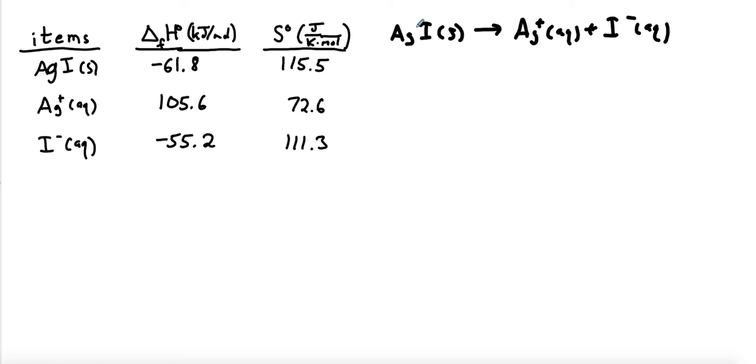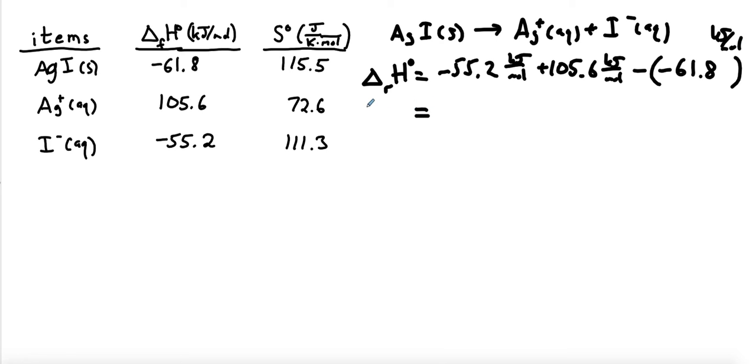Okay, so now we're going to do the heat of reaction by doing the heat of formation of products minus reactants. So we write these down, and we've got our products being the iodide and the silver, and our reactant being the silver iodide. And these are all going to be in kilojoules per mole. So we write these out.